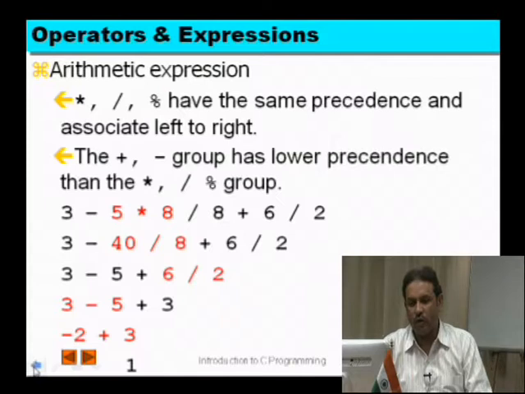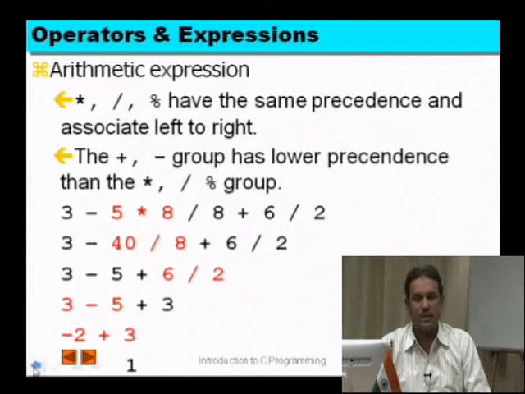We have an expression here, for example 3 - 5 * 8 / 8 + 6 / 2. What will be the result of this expression? Whether 3 minus 5 is evaluated first or 5 multiplied by 8, we have to see.